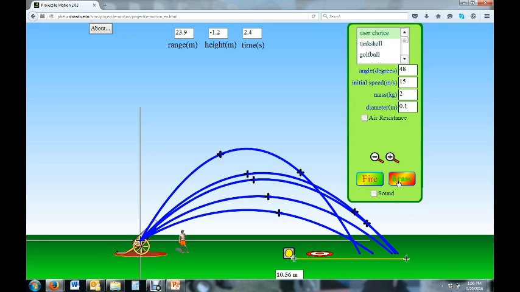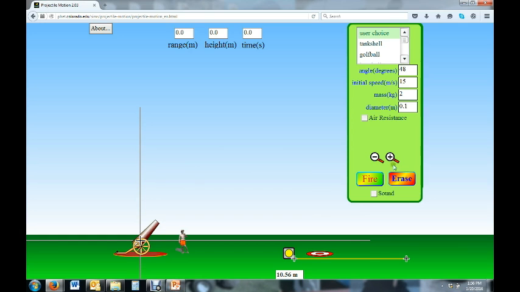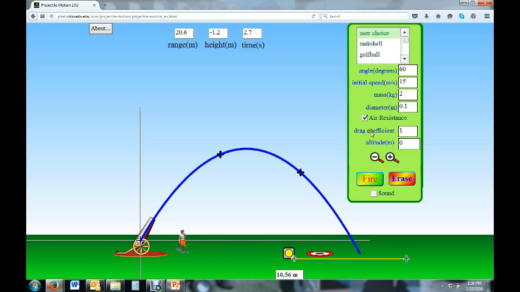Now let's take a minute, erase those. I'm going to put one back on. Let's see, let's try the 60-degree curve again. Up it goes. Okay. Now what I want to do is I want to turn air resistance on. And I'm just going to use it as it's programmed here and see what that does to my projectile's motion. Right?